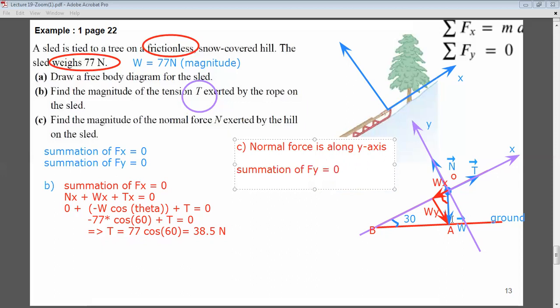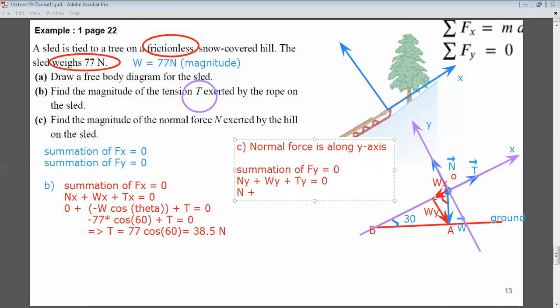Now, what forces are on the y-axis? There is the vector N. So now I will say Ny plus Wy plus Ty is equal to 0. Ny is all of N because it is along the y-axis, plus Wy is this thing over here.